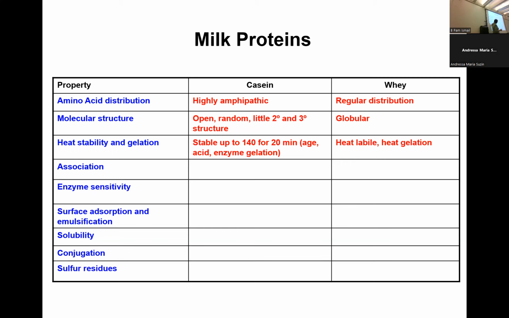We have acid gelation due to pH reaching the isoelectric point, and then we have the enzyme breaking down of the glycomacropeptide and enhancing casein-based micelle aggregation. Whereas in whey, we heat it, we denature it, we induce thermally induced aggregation.